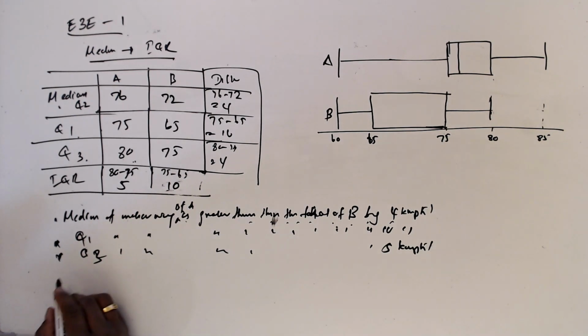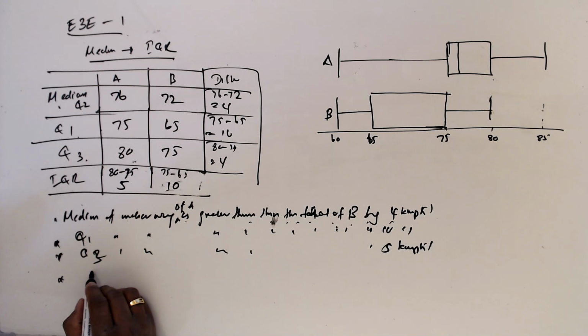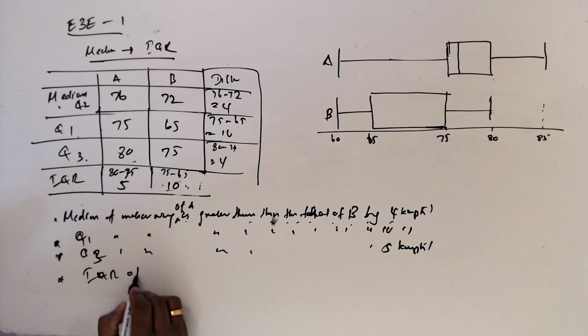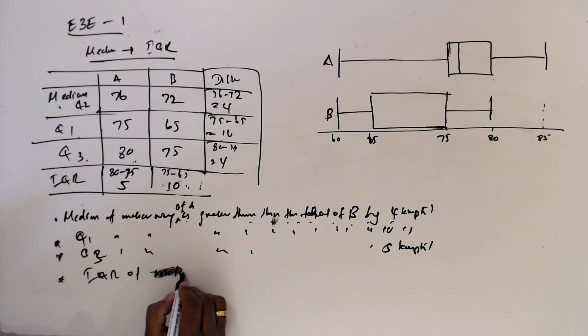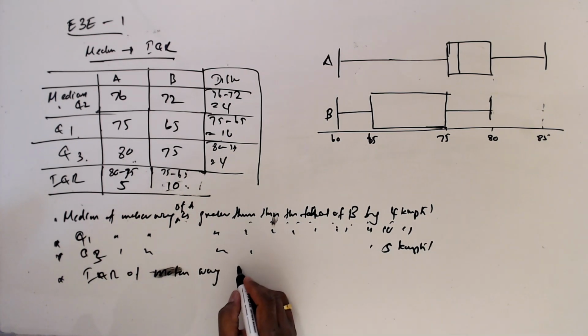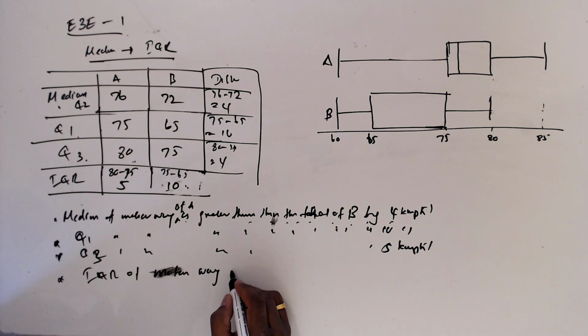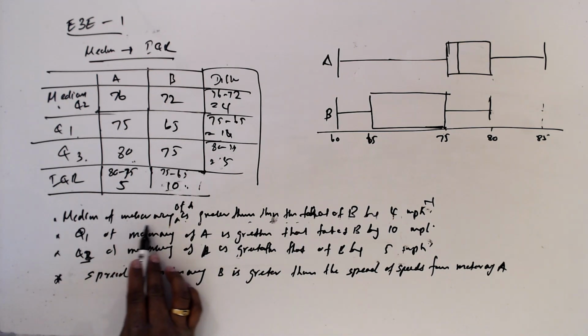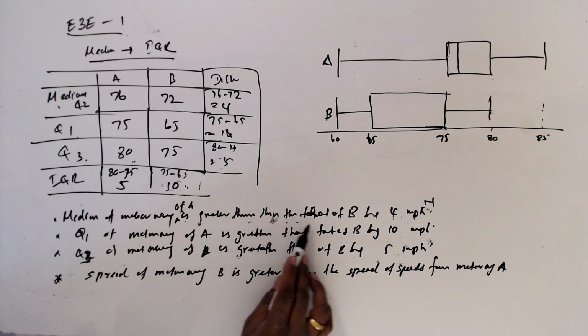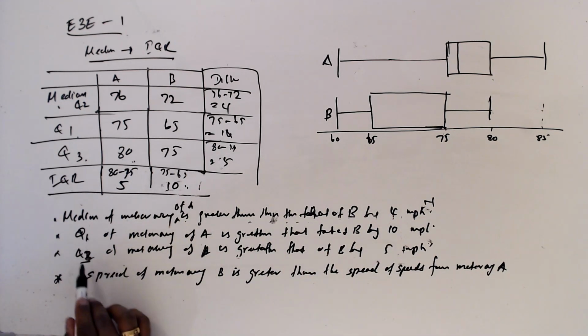And in contrast, this one, the IQR of motorway B. I wrote again that the median of motorway A is greater than that of B by 4, likewise Q1 and Q3.